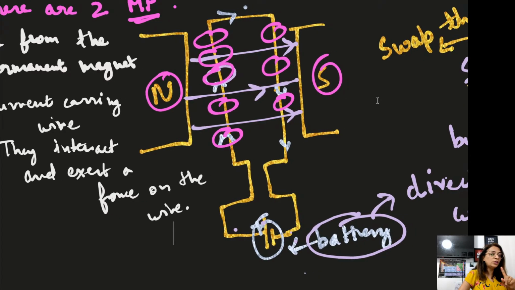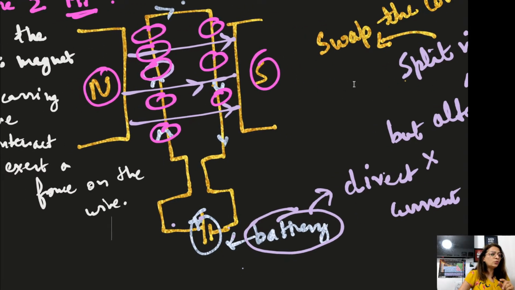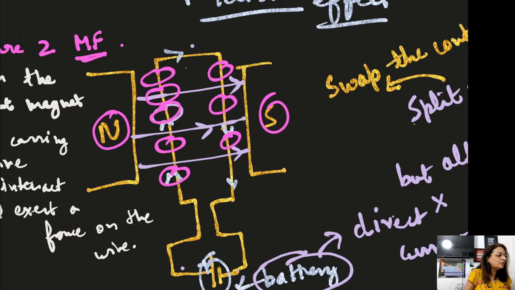But then you need to keep the wire moving in one direction like this. You might have seen your hair dryer. Have you seen the hair dryer? In that hair dryer, this wire is connected with the fan. How does that fan move?